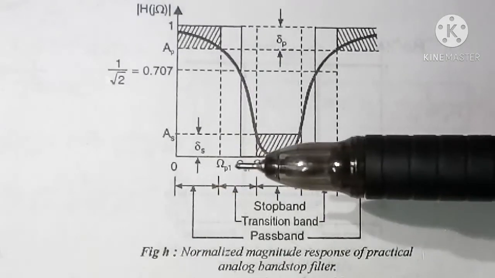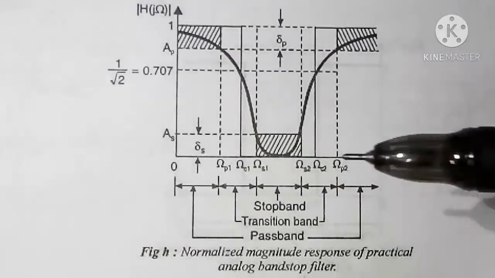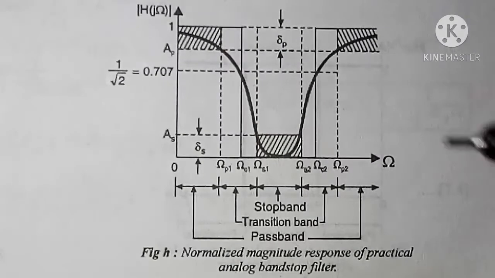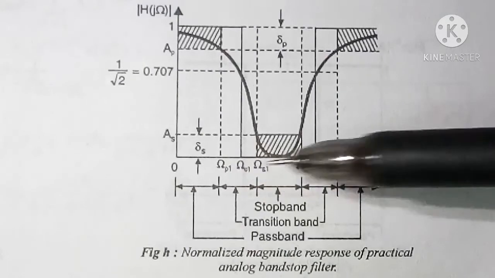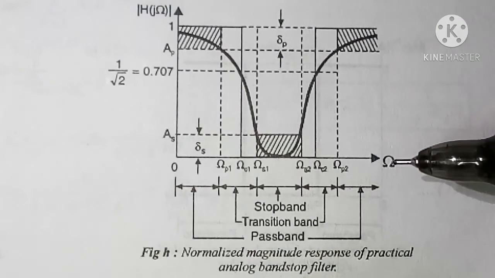The frequency ranges from 0 to omega P1 and omega P2 to infinity are called as pass band.